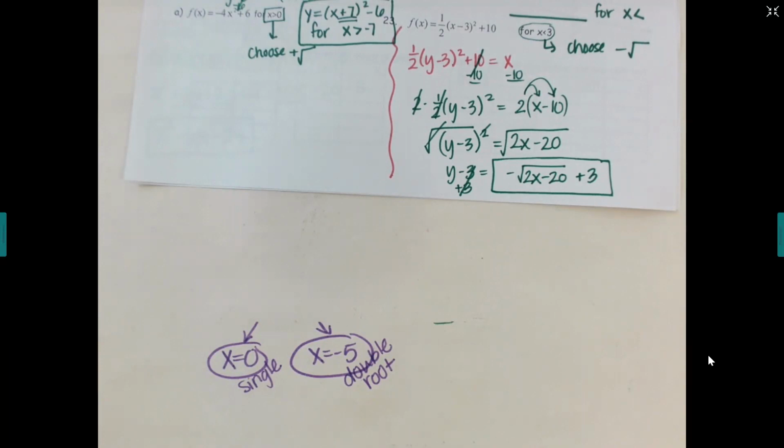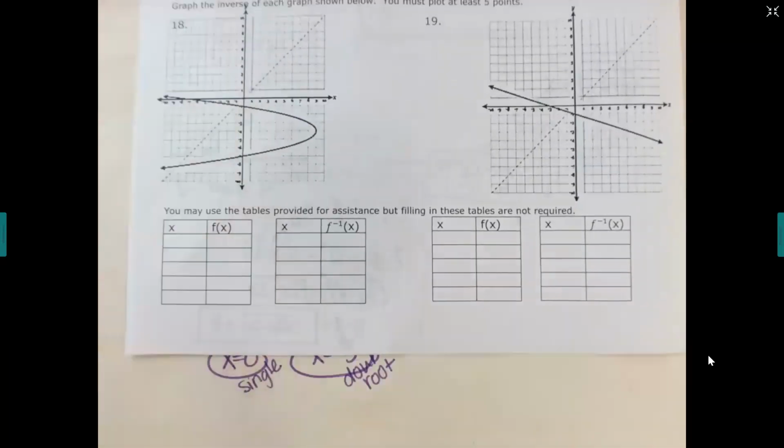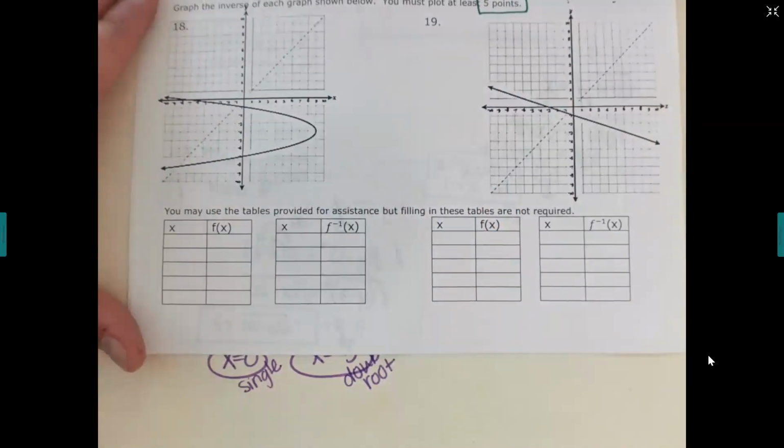All right. We'll do 18. Okay, you'll notice that 18 and 19, you just have graphs and you're asked to graph the inverse. The charts at the bottom are optional. You can use them or not, but you have to do at least 5 points, just like we did on that practice. So looking at the curve, put dots on 5 pretty points.